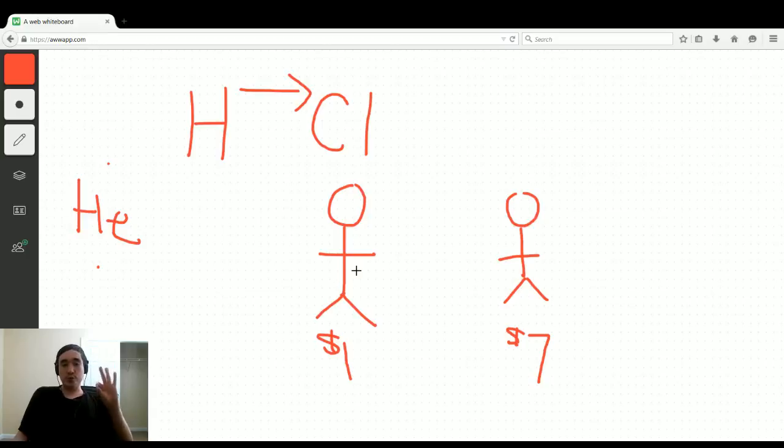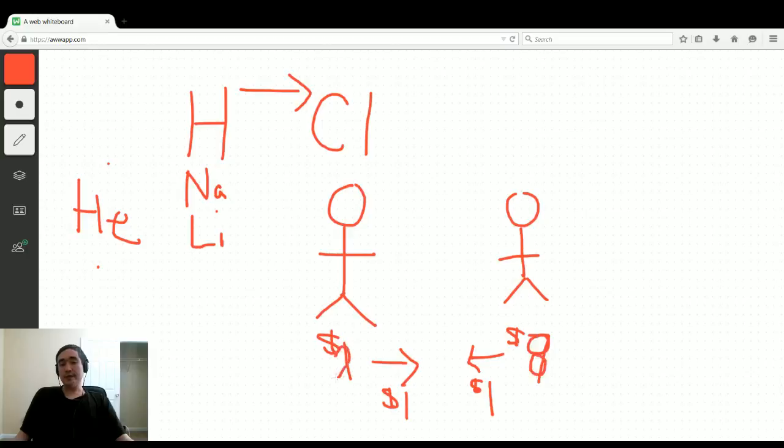So yes, you could just transfer 1 like you do with sodium or lithium or any other alkali metal, but in hydrogen's case, that's not entirely true. What's actually happening is that hydrogen is sharing its $1 with chlorine, and chlorine is sharing its $1. So chlorine has $8 and hydrogen has $2. A proper block diagram for this would be as follows. Like that.